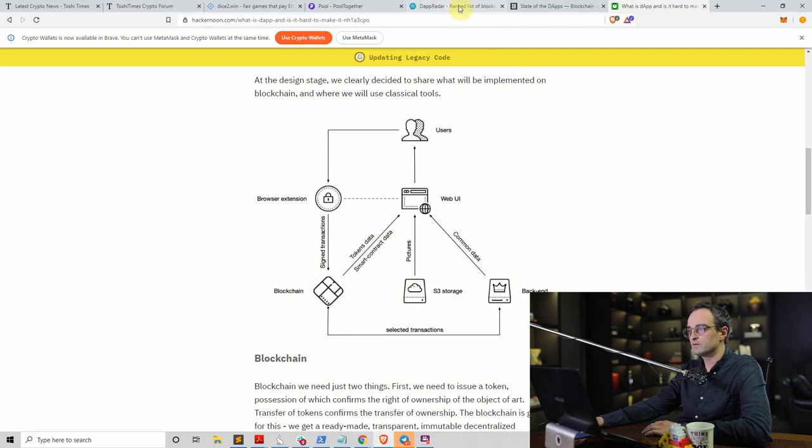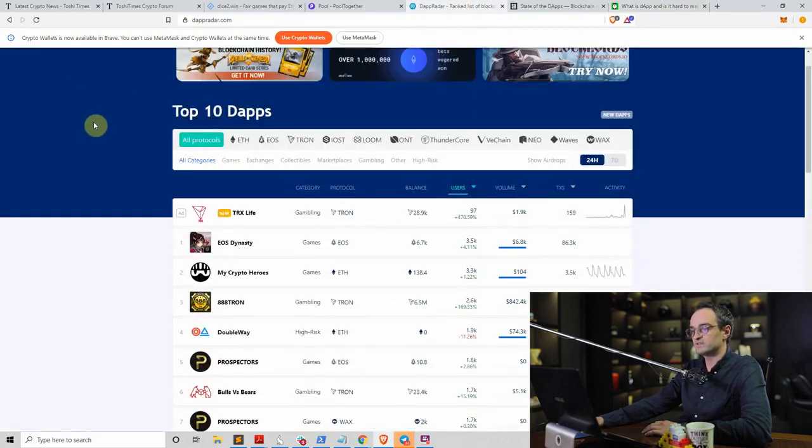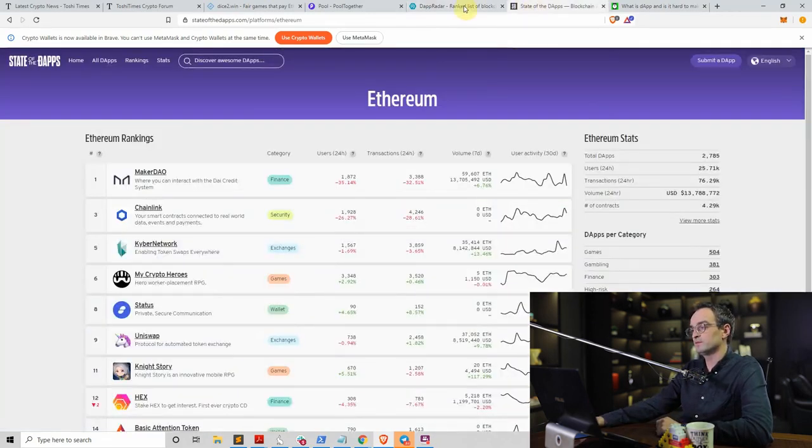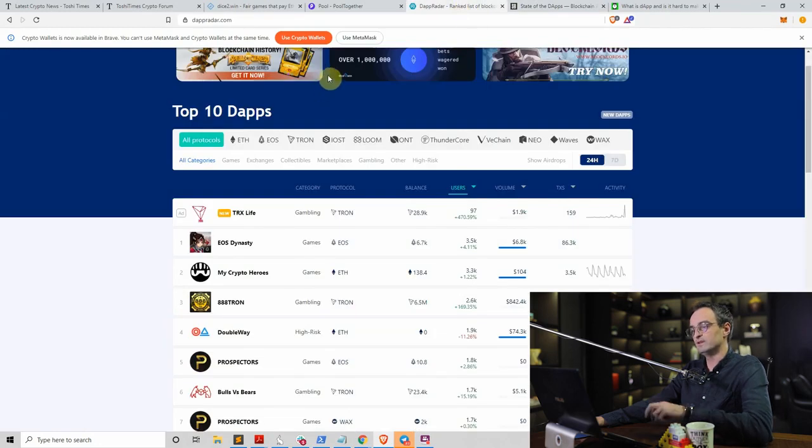Okay, let's look at some decentralized applications. A good website to get an overview of the decentralized application ecosystem is DappRadar or State of the Dapps. These links will also be in the description below. You can explore all these different dapps and interact with them by yourself.